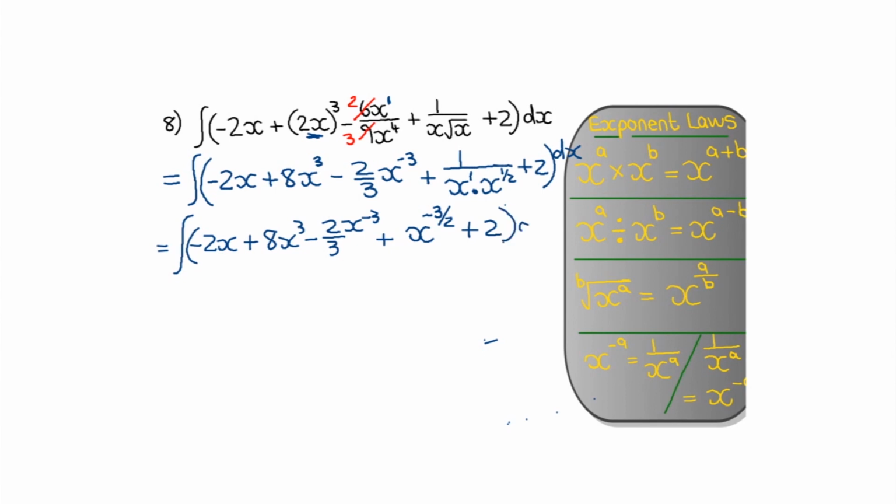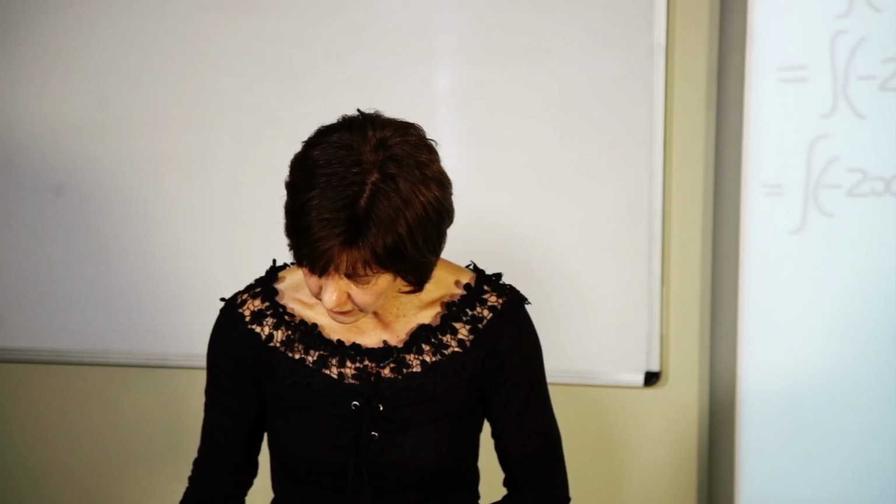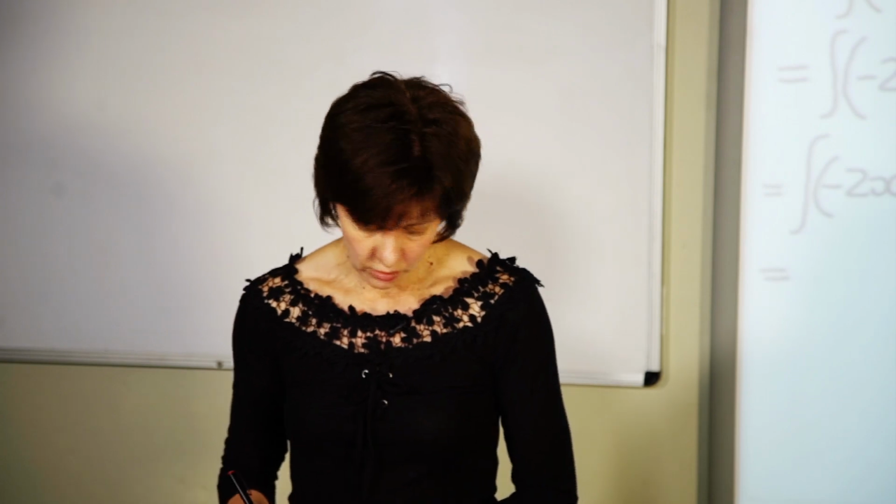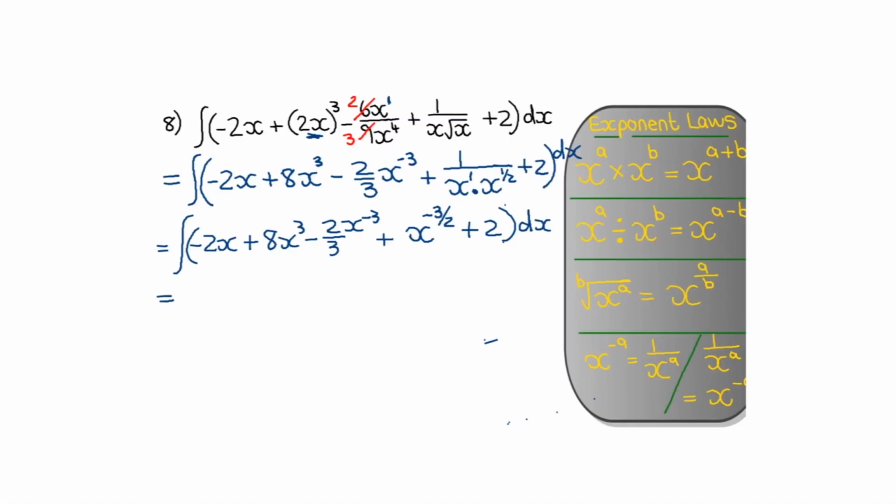Okay, then I still have the +2, and I have to integrate all of these terms. Now we can start with the actual integration. So for the first one, I write down the constant and I write down the x to the power 1 that I have.